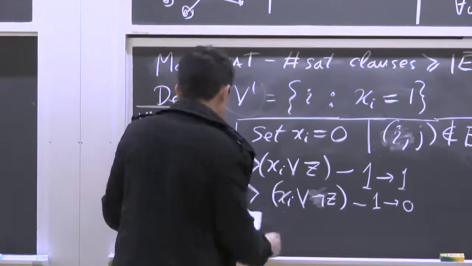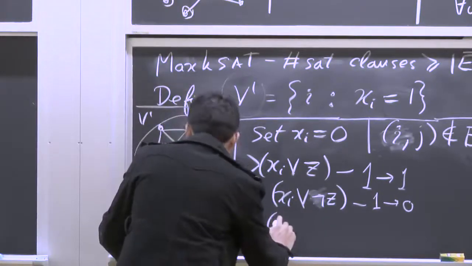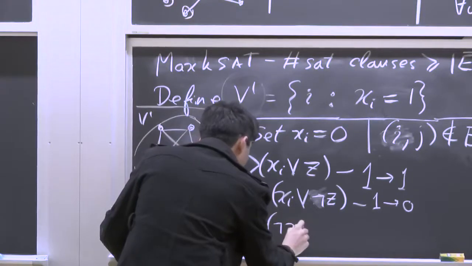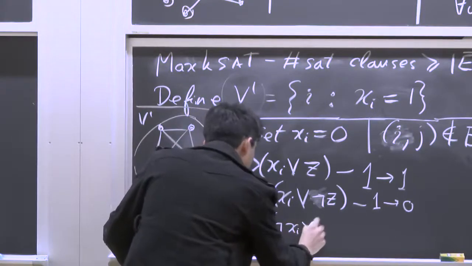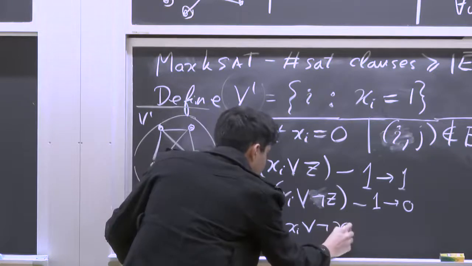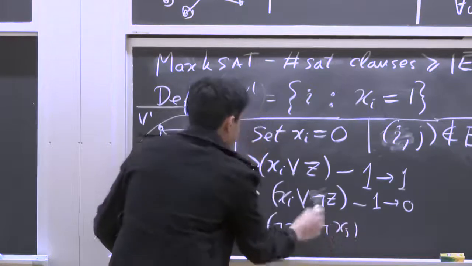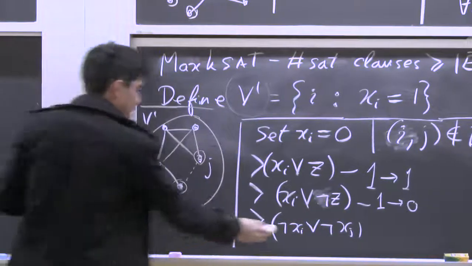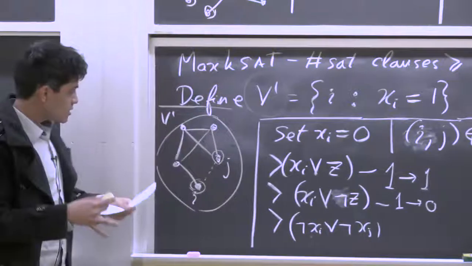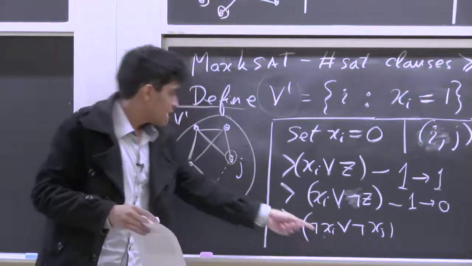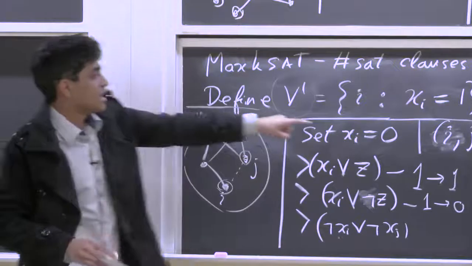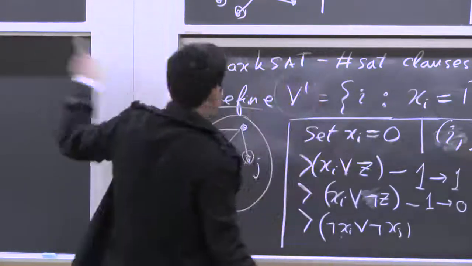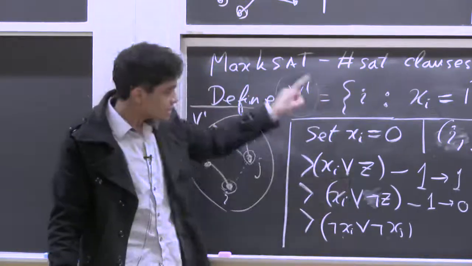But then we look at the third clause, and what that does is, let's say we look at this specific clause, the one which said not xi or not xj. Note that this clause exists because (i, j) is not an edge in E, and therefore by that condition this clause exists in the set of clauses.